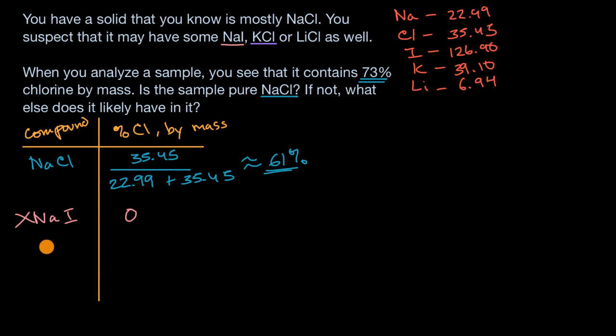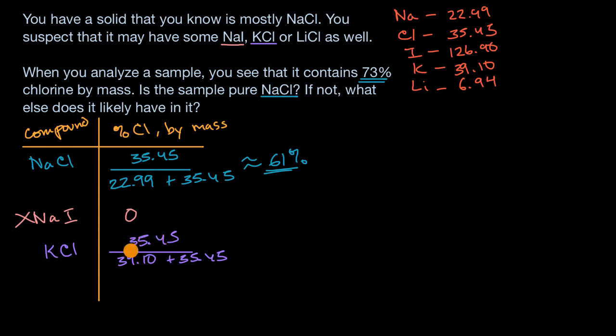Now let's look at the next one, potassium chloride. Its percent chlorine by mass is going to be the average atomic mass of chlorine, which is 35.45, divided by the average atomic mass of the whole thing. The average atomic mass of potassium is 39.10, and then the average atomic mass of chlorine is 35.45.